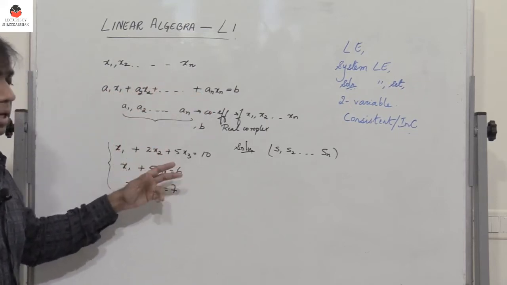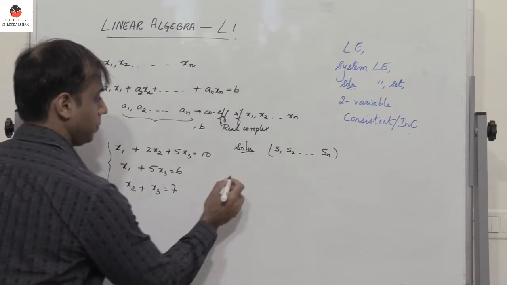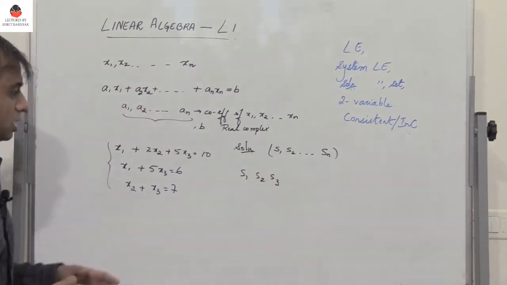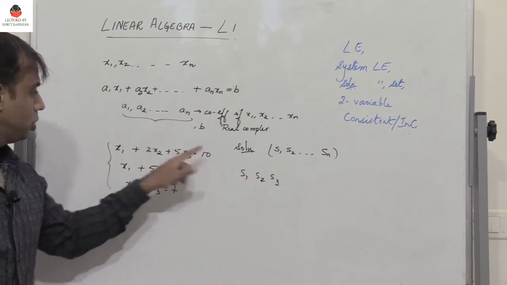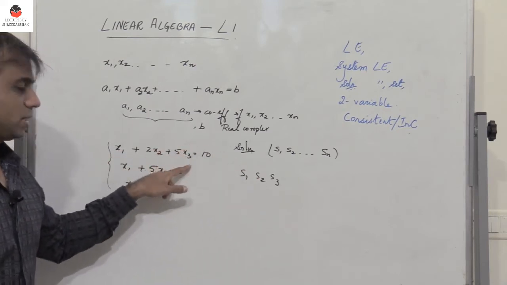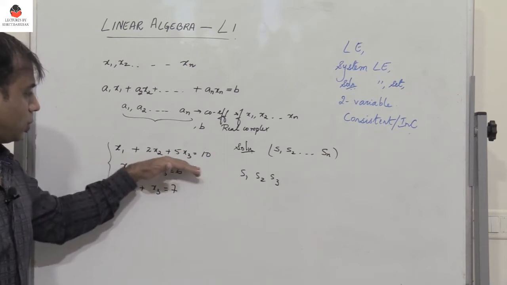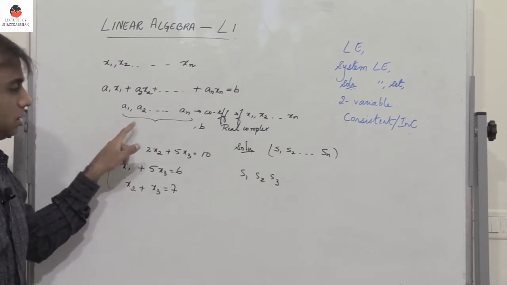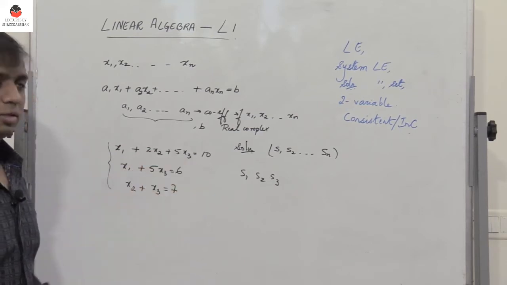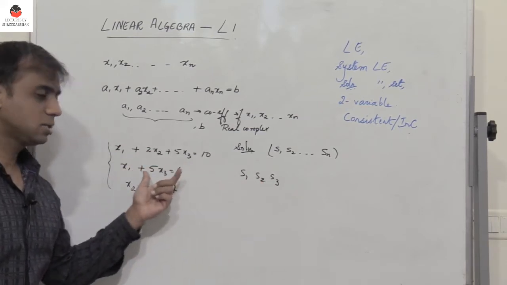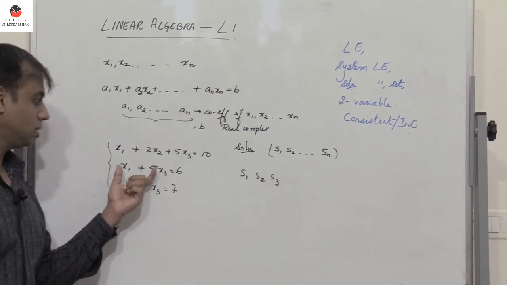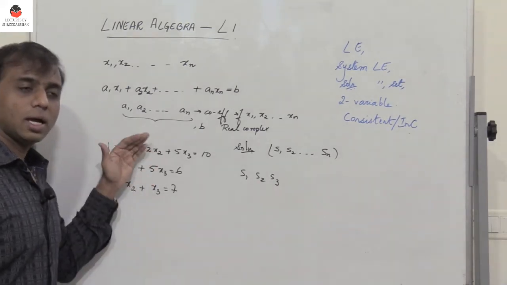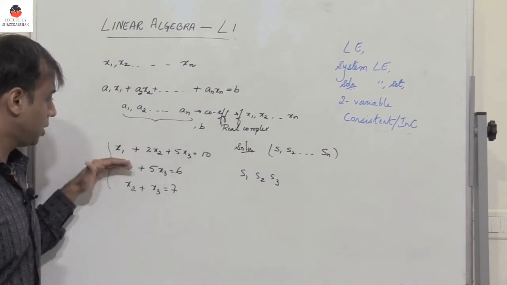So let's assume that I have three values s1, s2 and s3. I put s1 in place of x1, s2 in place of x2 and s3 in place of x3. Then when I sum up the LHS, it would be equal to 10, so LHS equals RHS. The system contains three equations, isn't it?